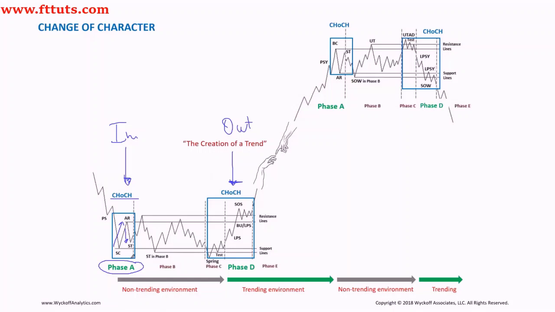Well, the first assumption that we have of why the change of character is happening is that the behavior of market participants has changed. So if we talk about strong hands, and we obviously would be thinking about hands like the composite operator, huge institutional trend followers, big money contrarian types of traders.